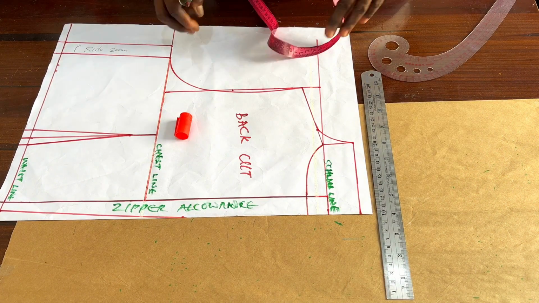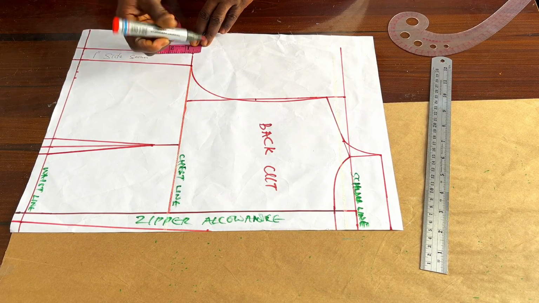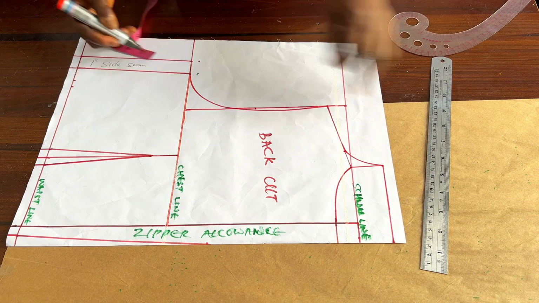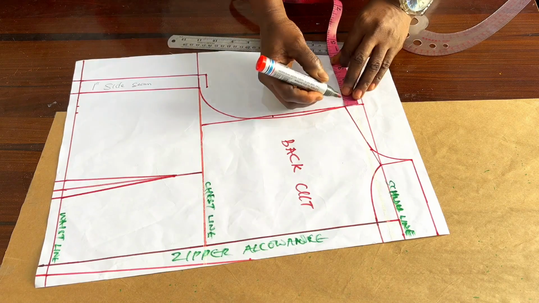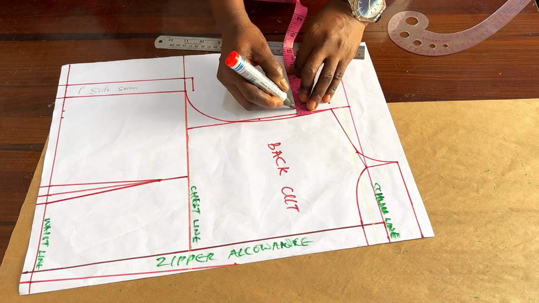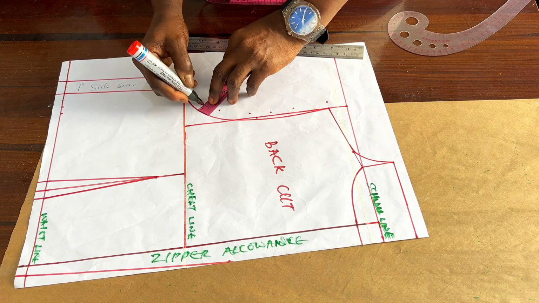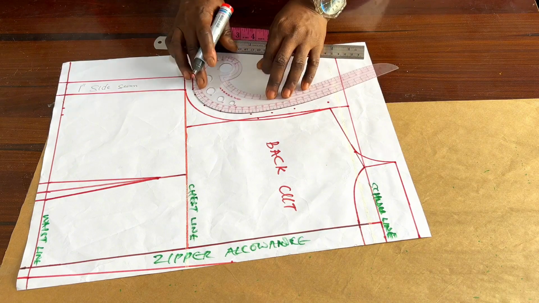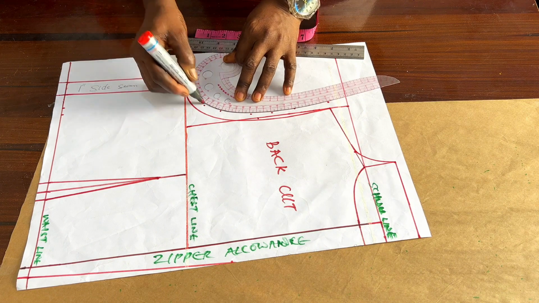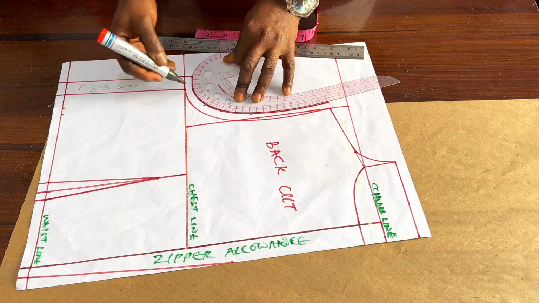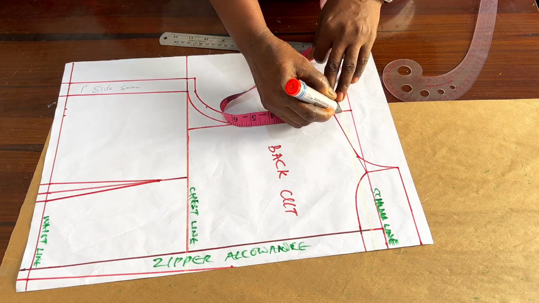So we are good to add, let's just add the remaining joining allowance for the back. So 1/2 inch is added by the armhole region. Come this side, 1/2 inch, connect it, just connect it this way. You can see, then get your 1/2 inch here.